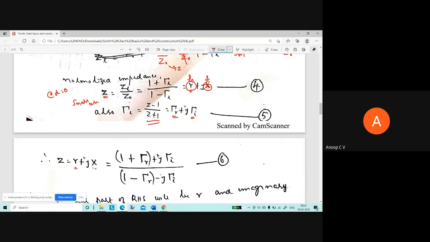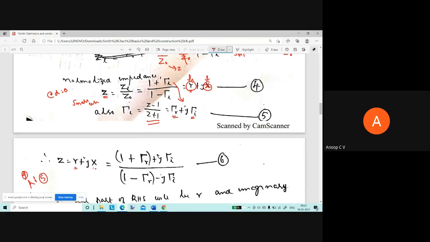If you substitute in equation number 4, gamma L is equal to gamma R plus J gamma I, that is, put equation number 5 in 4.